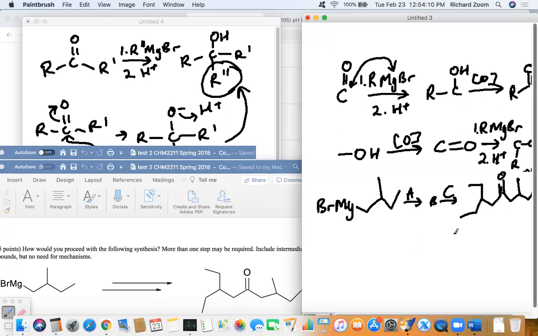So my point here is that I know that in order to get to that last thing, what would have had to have happened is that probably PCC here is this alcohol group.